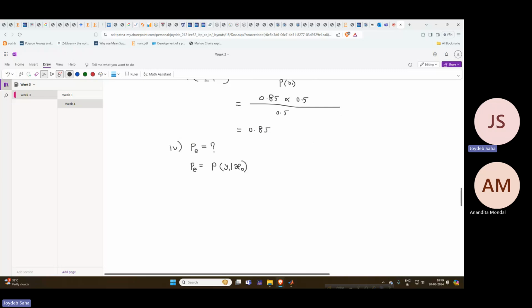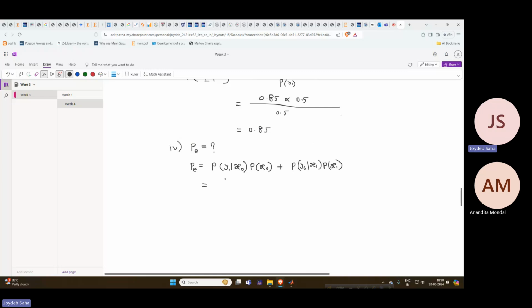And when this will happen, we are saying that y1 upon x0 multiplied with probability of x0, we are saying that x0 is happening, and if y1 is happening, similarly probability of y0 upon x1 into probability of x1.